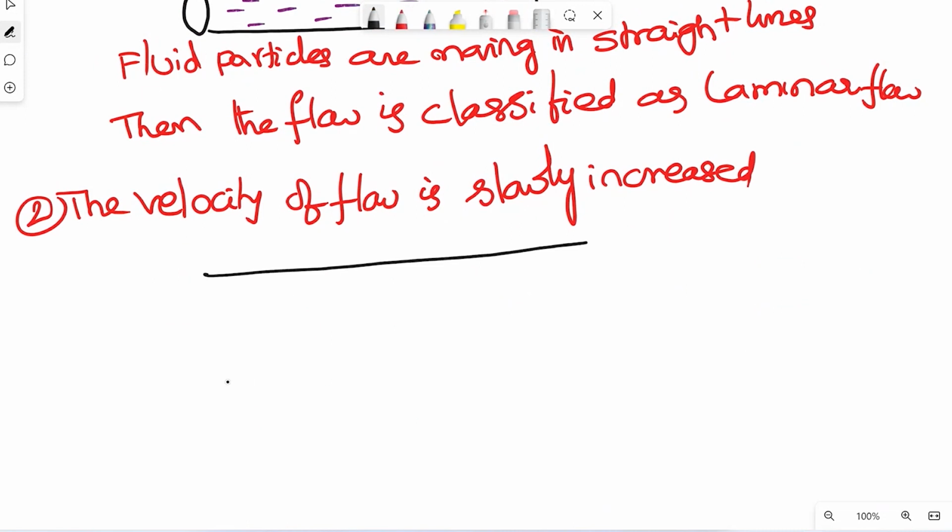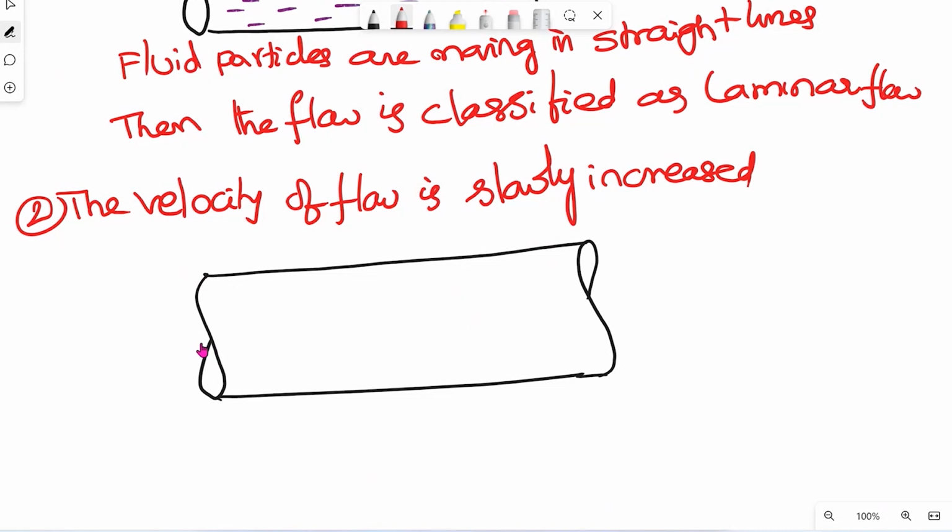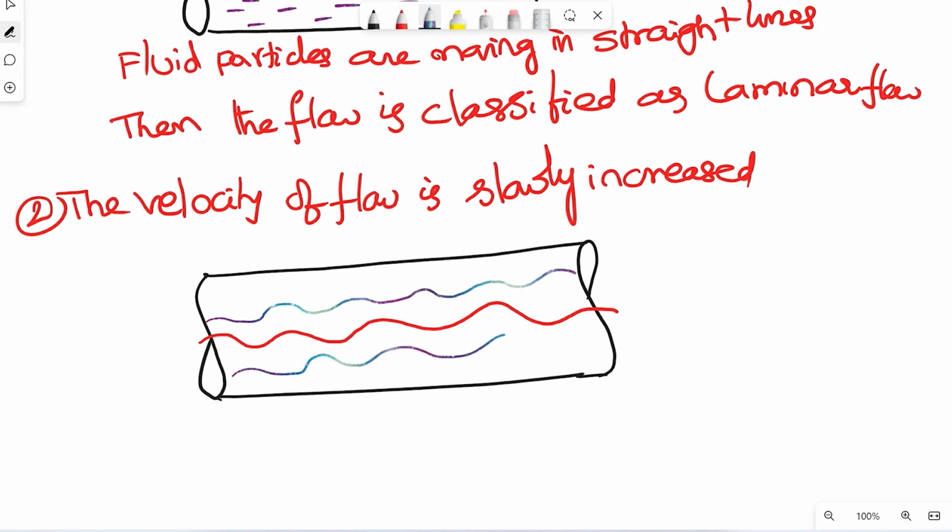Suppose you take this as the pipe, right? When the velocity of flow is increased, what is observed is this, like so, which means the water flow is also like this.